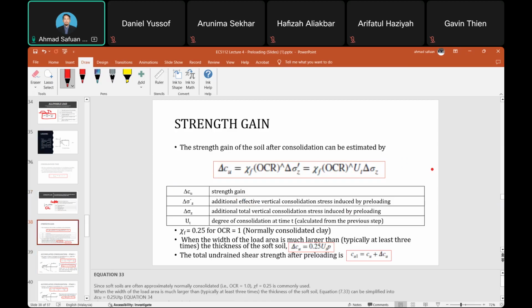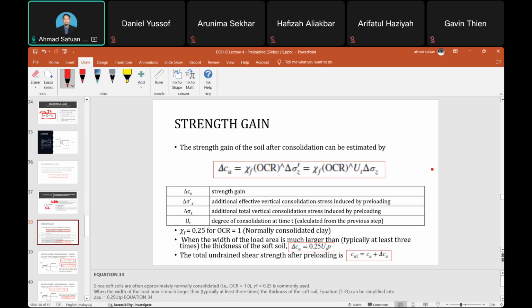Delta Cu is the strength gain, delta sigma Z prime is the additional effective vertical stress induced by preloading, delta sigma Z is the additional total vertical stress induced by preloading, and Ut is the degree of consolidation at time t calculated from the previous step.